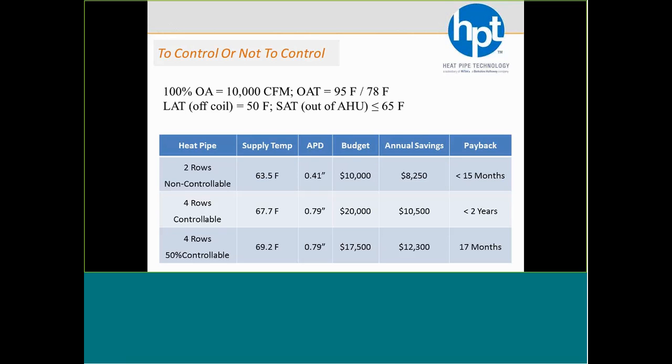We'll always be happy to work with you on that and figure out what is the best approach. And if you're familiar with our Select Plus software, everything that I've done here is through Select Plus, so you can run your own utility rates, you can run your own hours, and plug all this stuff in and figure out what kind of payback you're going to get, and we're always here to help as well.